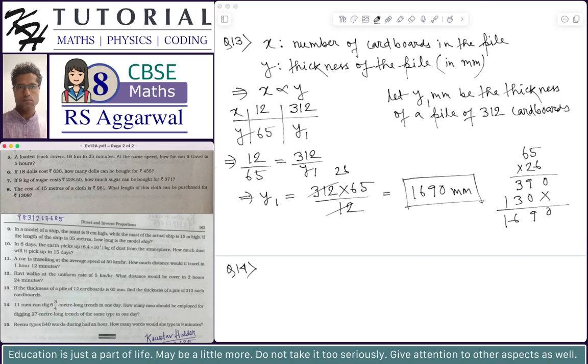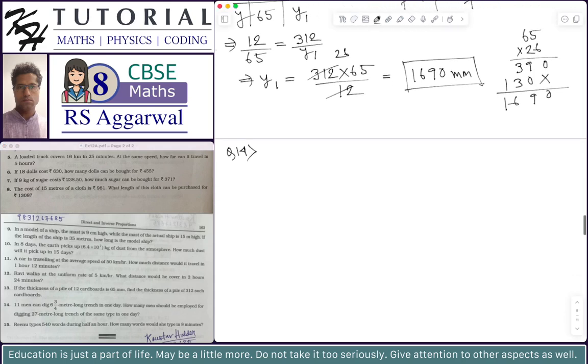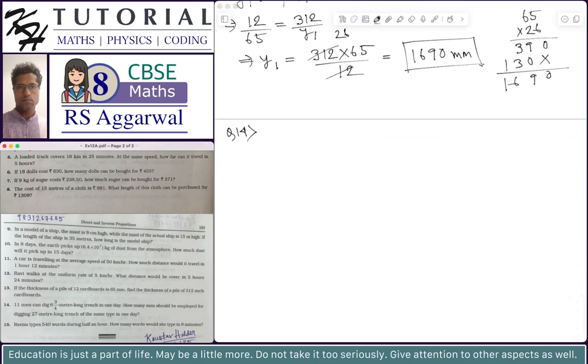Let's do problem number 14. 11 men can dig a 6 3/4 meter long trench in one day. How many men should be employed for digging a 27 meter long trench of the same type in one day? I don't know exactly what the meaning of trench is.